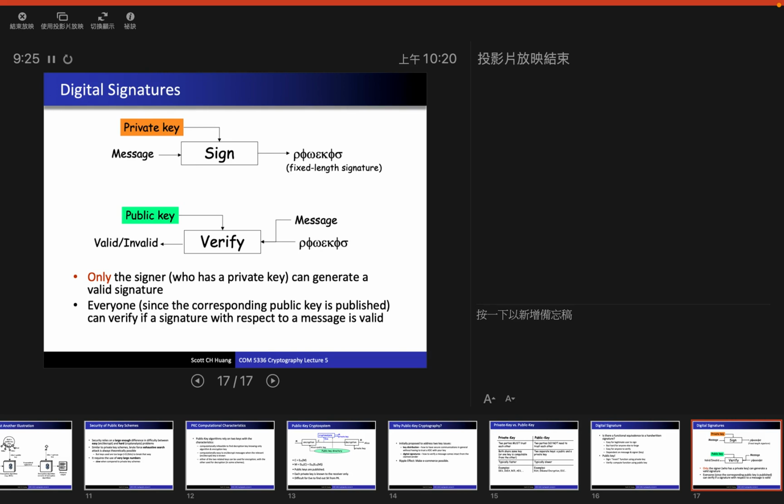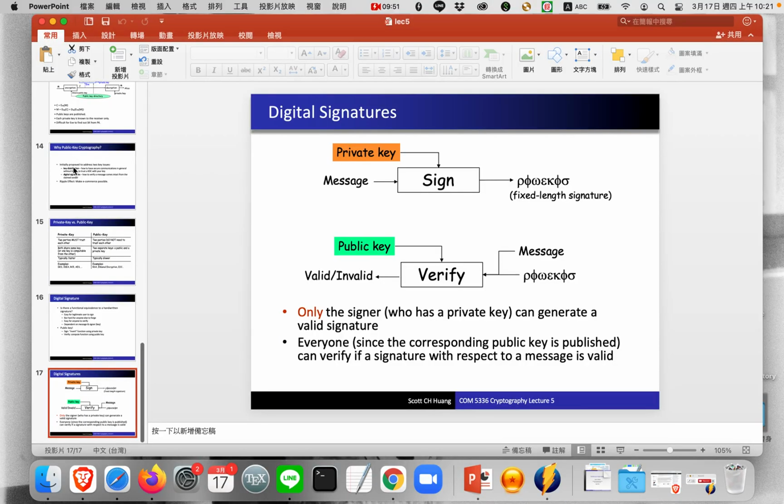But for decryption, only the legitimate user can decrypt. So it's the exact opposite. In the case of RSA, the decryption of RSA is exactly the same as the RSA signing operation. Okay. So that's the idea.